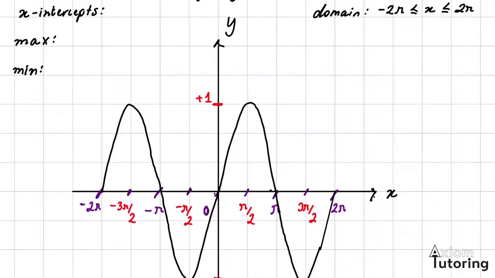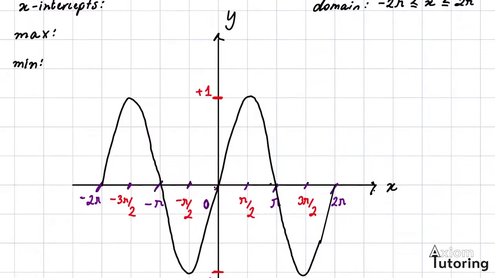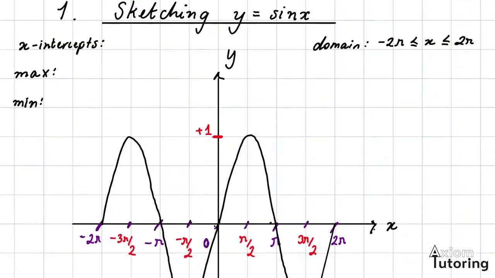We can generalize these features using the fact that the sine function is periodic with period 2 pi. We can say that all of these x-intercepts occur at x equals n pi.